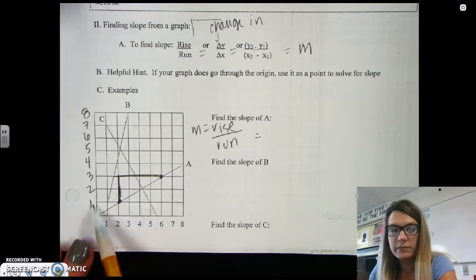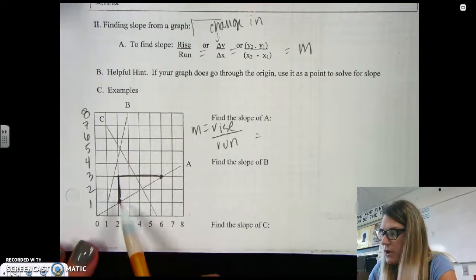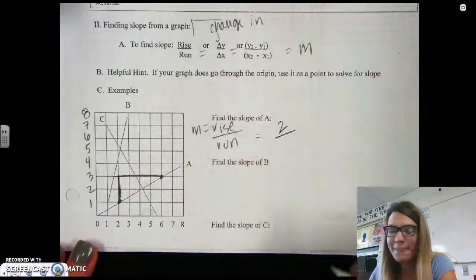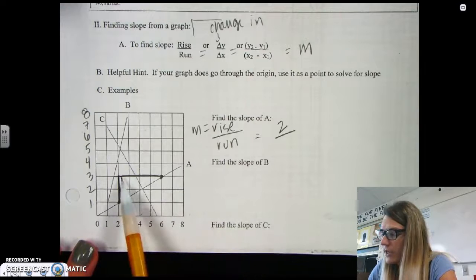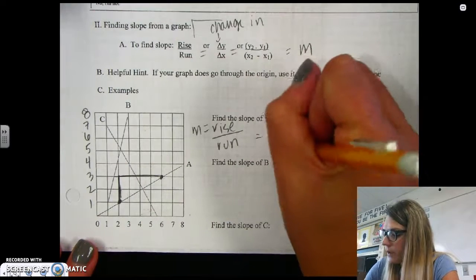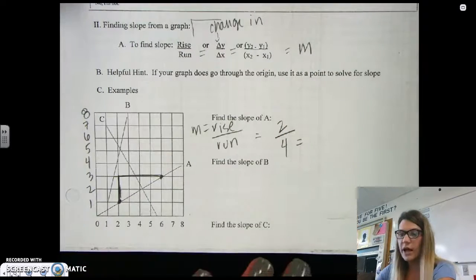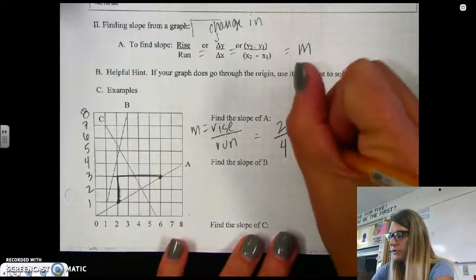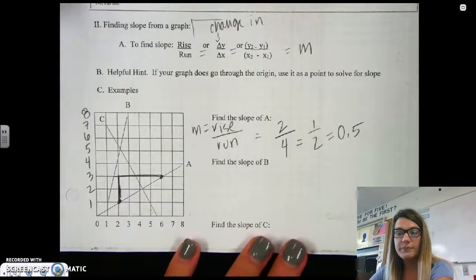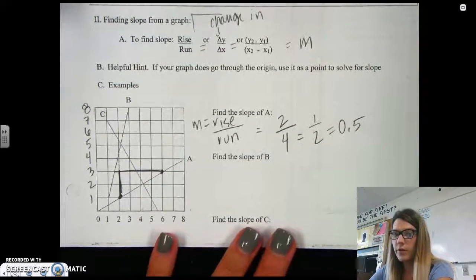Make sure I'm counting by whatever my axis is. So I'm counting up by 1, 2. So my rise is 2, okay? And my run is 1, 2, 3, 4. So my slope for this line would be 2 over 4, which we can reduce down to 1/2, which is also 0.5. Okay, so that's one way of calculating slope.